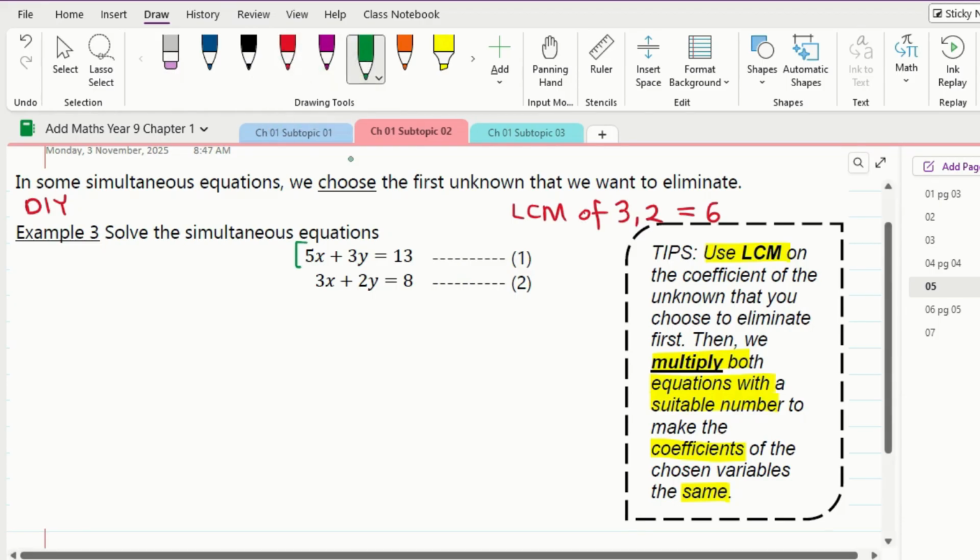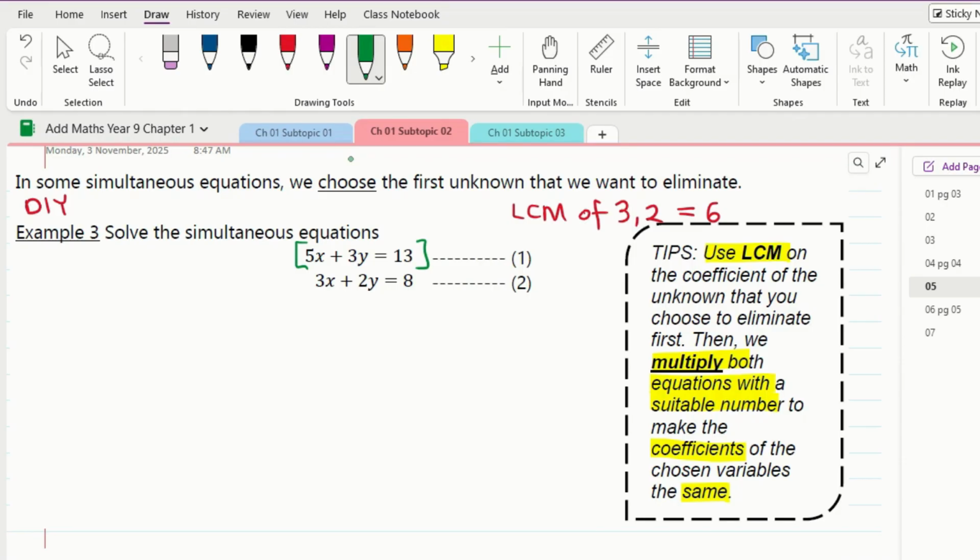For the first equation, to make 3y into 6y, you have to multiply this whole equation by 2. And as for the second equation, to make 2y into 6y, you have to multiply by 3. Alright, so here you have to change both equations.